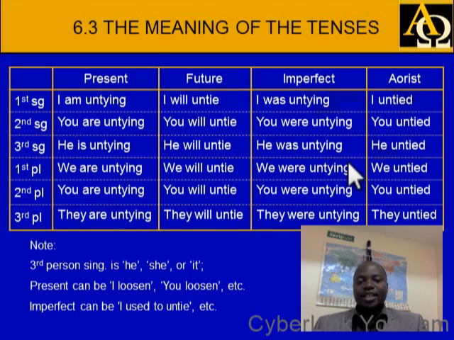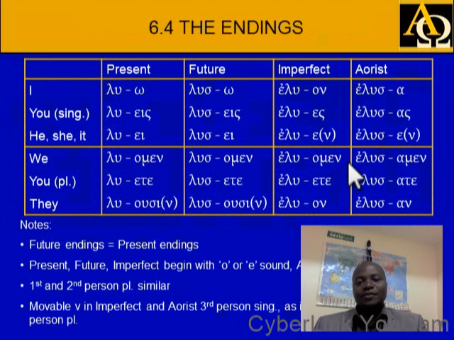So just take time to learn this chart and see how we translate each of these. So here we are, present tense: luo, lueis, luei, luomen, luete, luousin. In the future: luso, luseis, lusei, lusomen, luseté, lusousin. In imperfect: eluon, elues, eluen, eluomen, eluete, eluon. In aorist: elusa, elusas, elusen, elusamen, elusate, elusan.